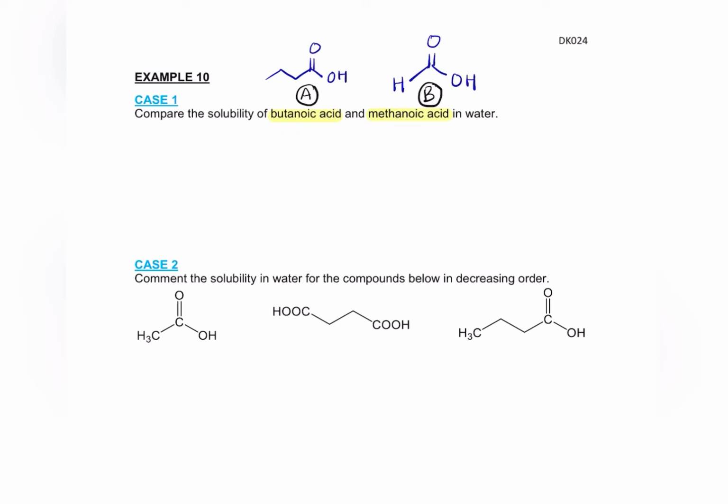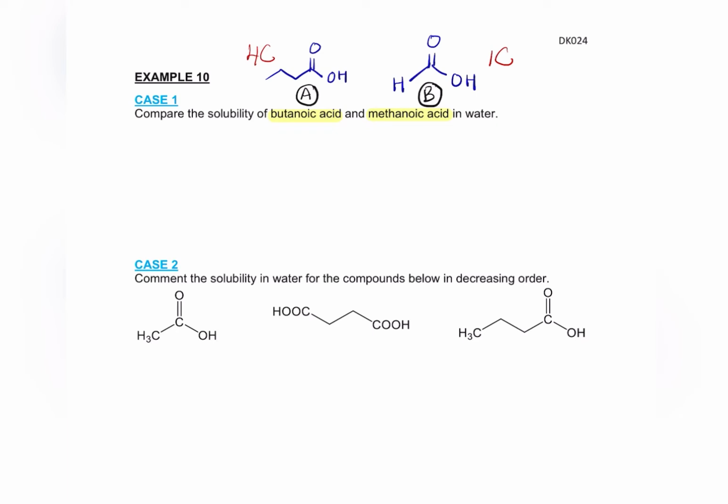If you see from structure A, you have 4 carbon atoms. So this one, 4 carbon, and structure B, you have 1 carbon atom. So they got different molecular weight from one another. So you can explain right now based on this factor.